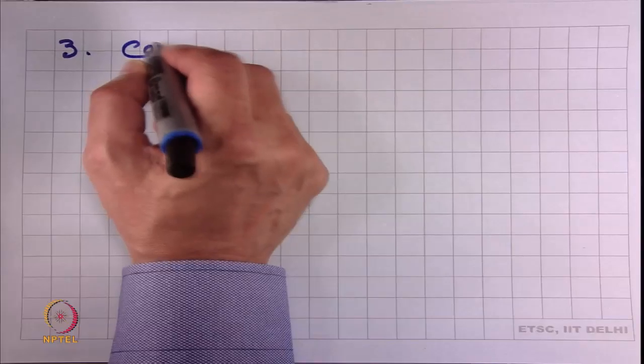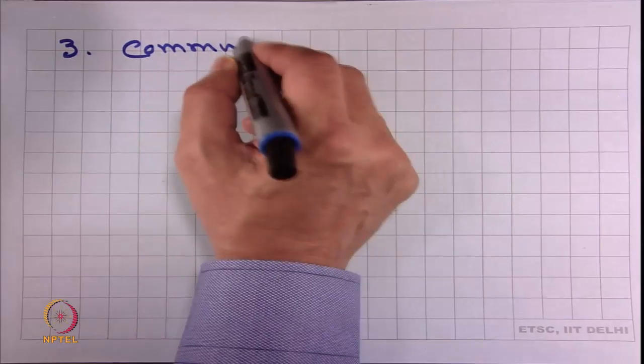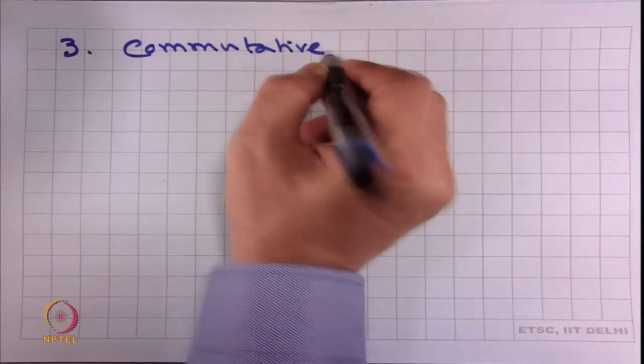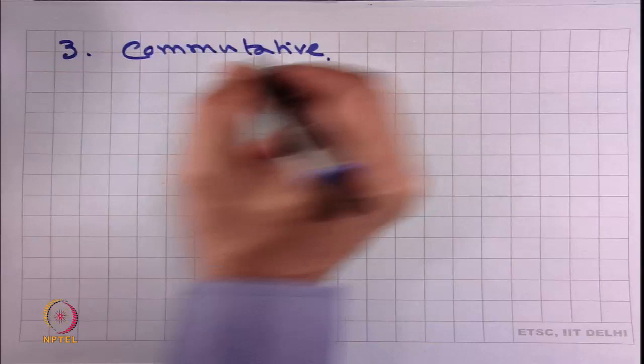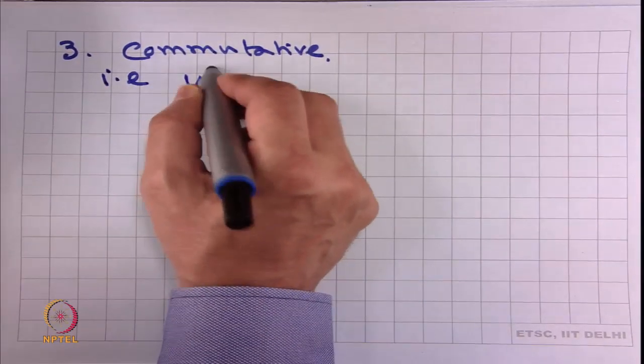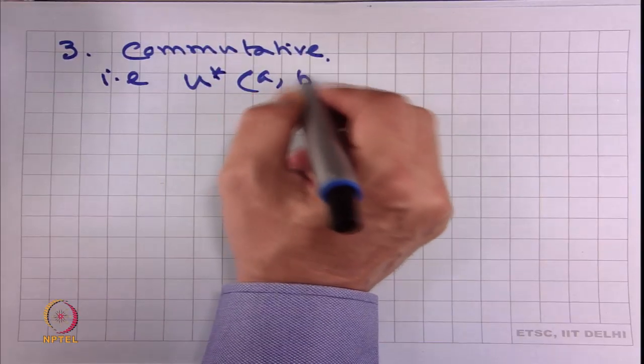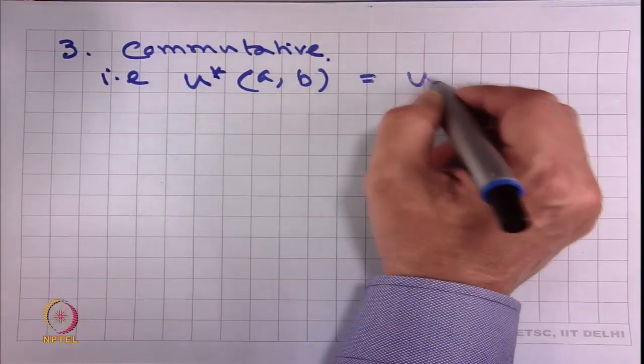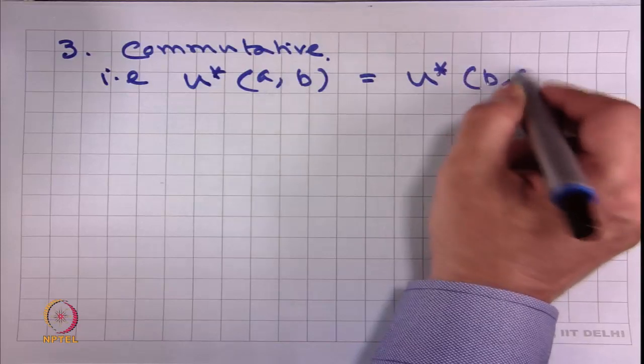Third property, commutative, that is u star of a comma b is equal to u star of b comma a.